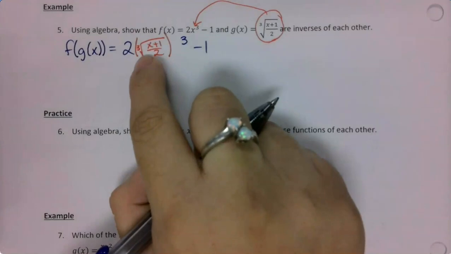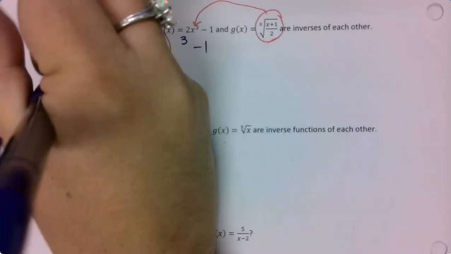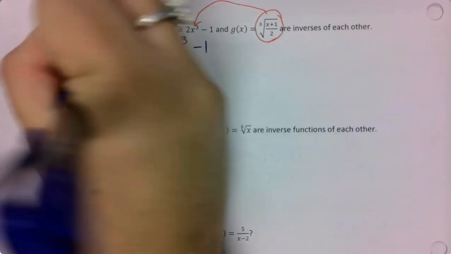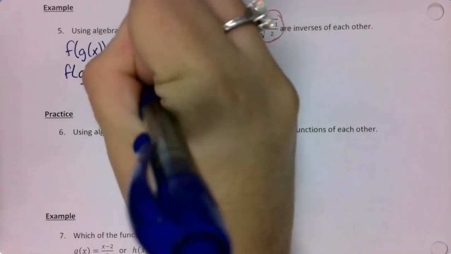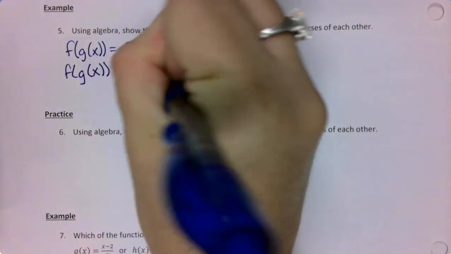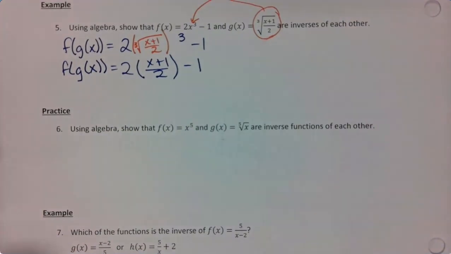So, I have a cube root that's being cubed. Yeah, so those are going to cancel out, and it just leaves me with the stuff under the radical. So I have 2 times x plus 1 divided by 2, and then minus this 1. Because the opposite of a cube root is a cube. Yeah, it was already cubed.